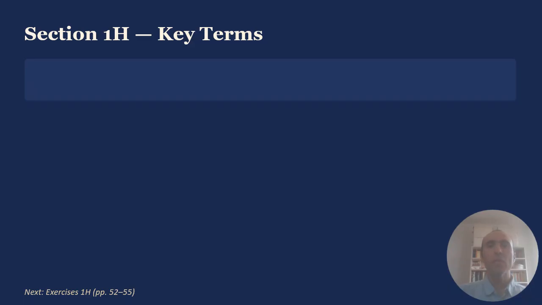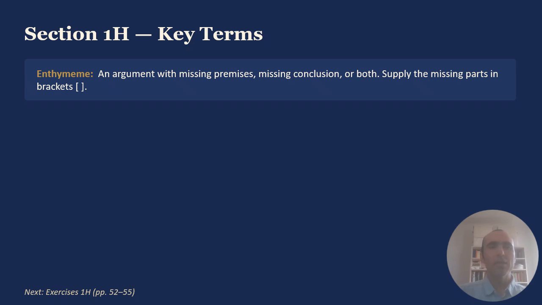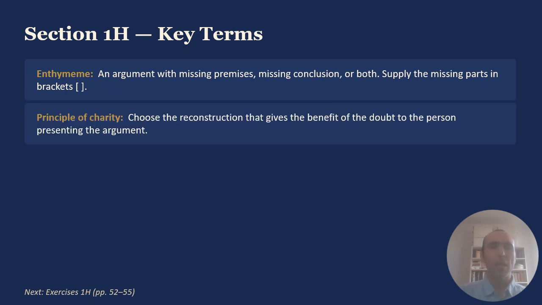Today we learned the following key terms. An enthymeme is an argument with missing premises, missing conclusion, or both. You should supply the missing parts in brackets. According to the principle of clarity, choose the reconstruction that gives the benefit of the doubt to the person presenting the argument.